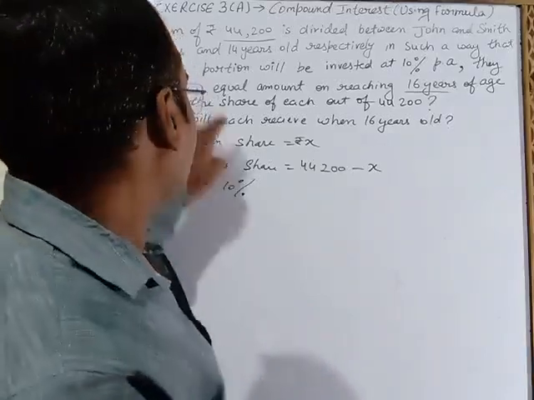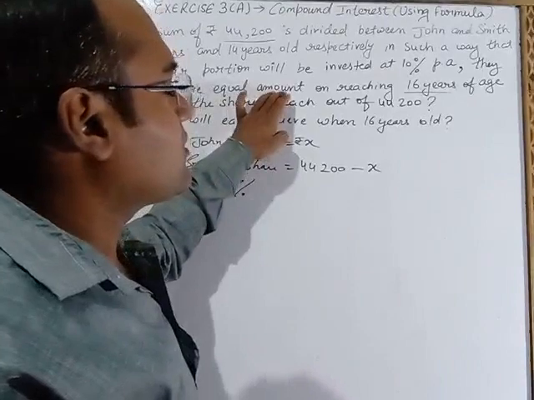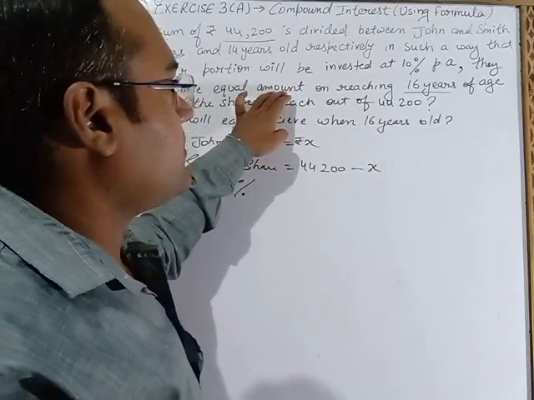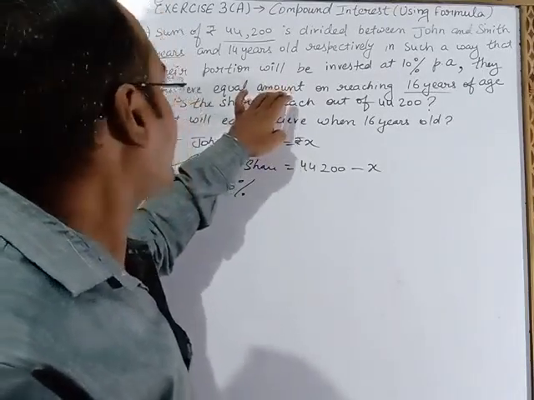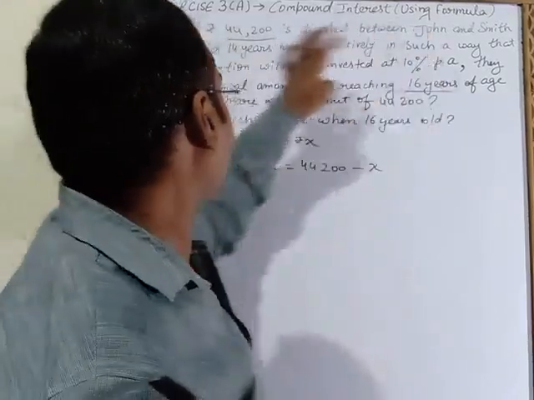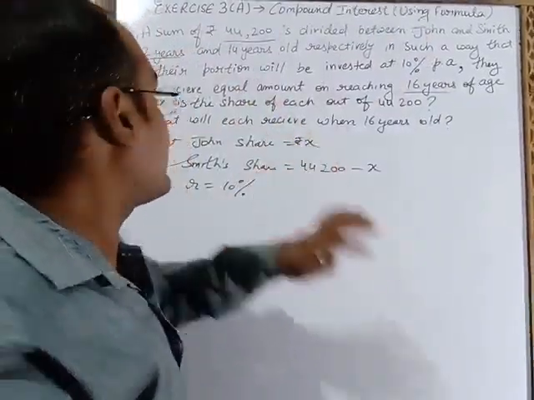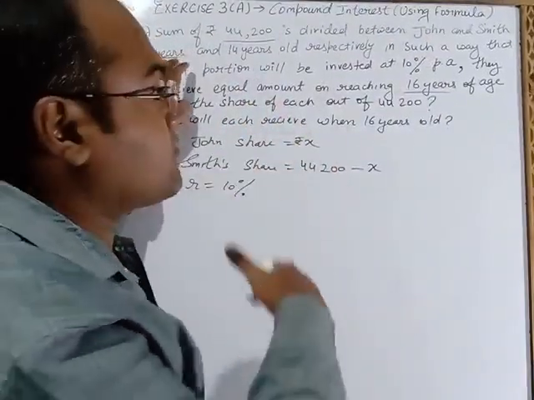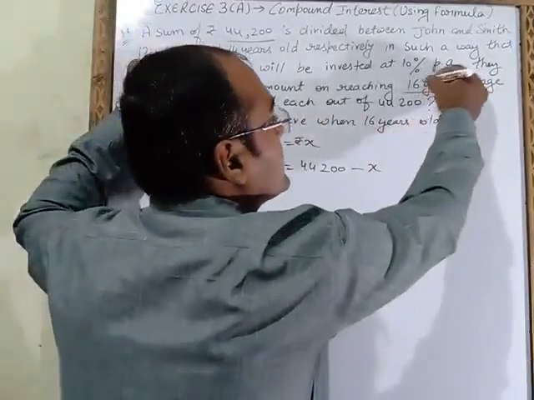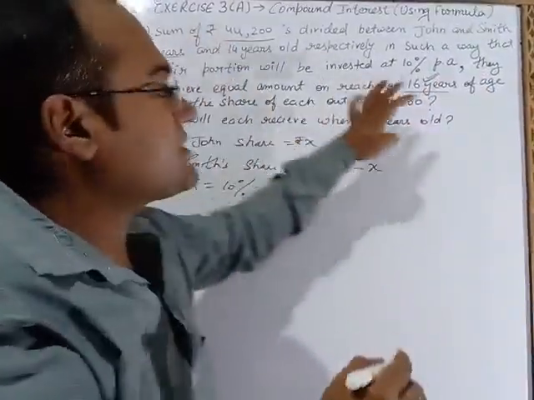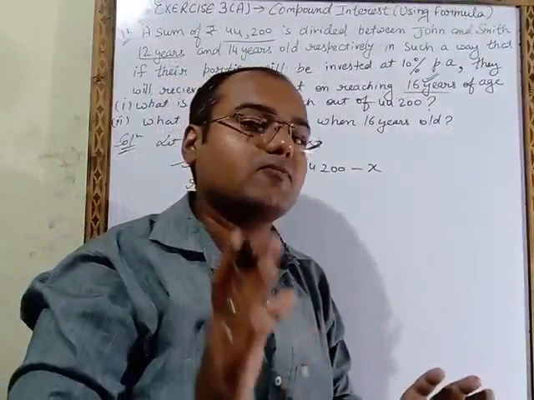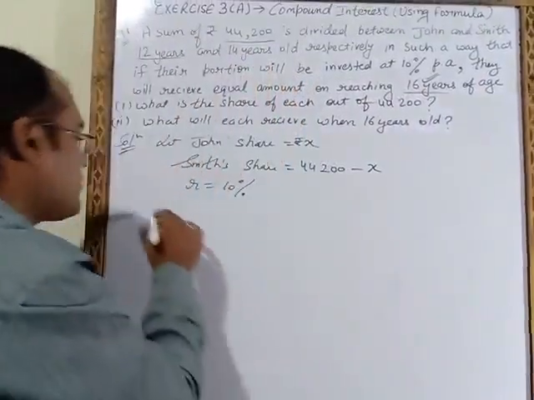That means the amount that John will get in 4 years. Why am I taking 4 years? Age of John is 12 years. When he will be of 16 years, between 12 and 16 years, 4 years are coming.